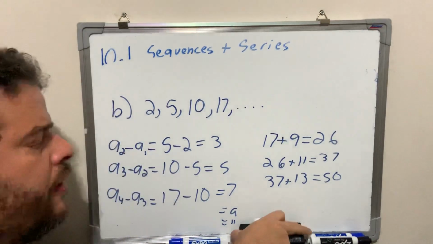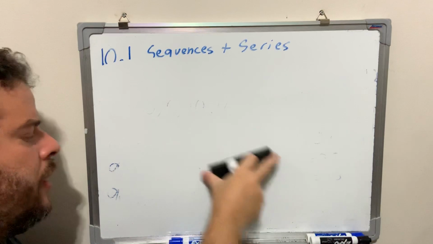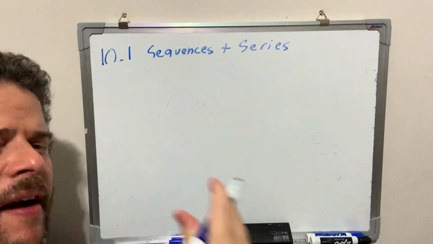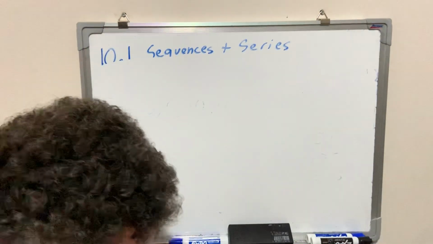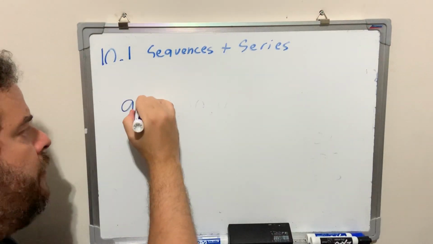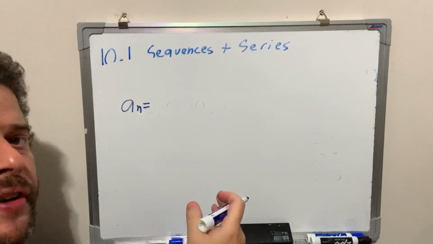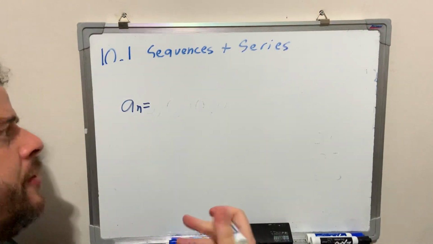Now, let's look at the third example where they're actually giving me a formula and they're telling me to find the following values. So if we copy the formula they're giving me, it's pretty much the following. A_n, remember n stands for nth term, first term, second term, third term, fourth term.